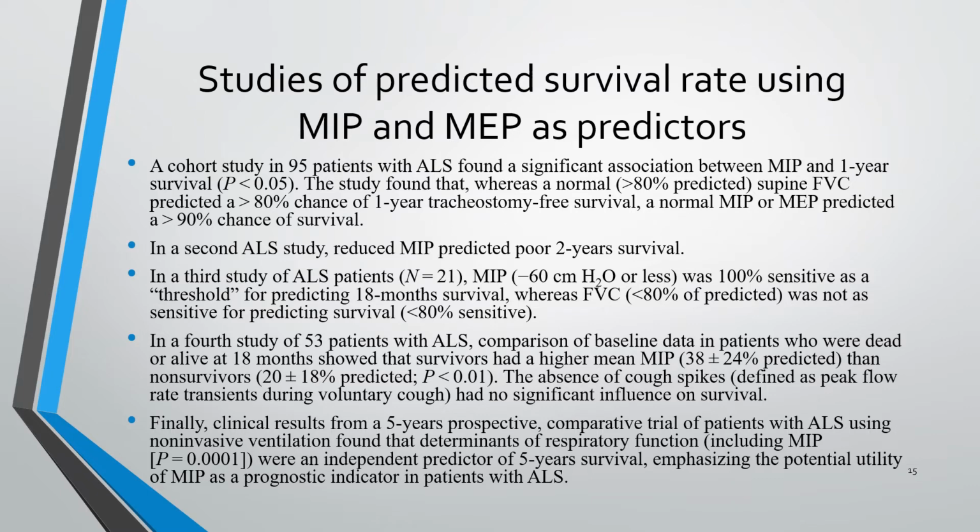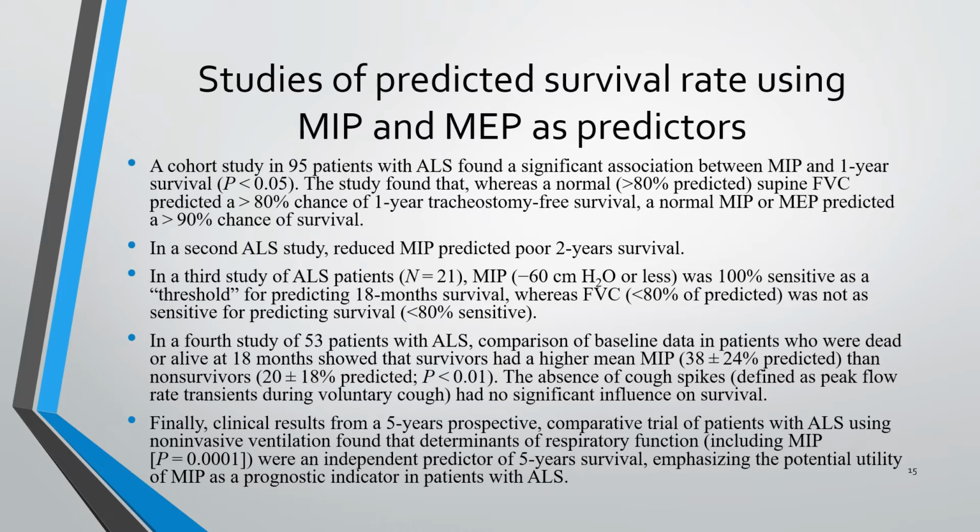I wanted to go over some case studies where they did some studies of MIP and MEP versus forced vital capacity on survivability of ALS patients. I'm not going to read them all to you, but I'll read the first three. They did a cohort study of 95 patients with ALS, and they found a significant association between the MIP and 1 year survivability.